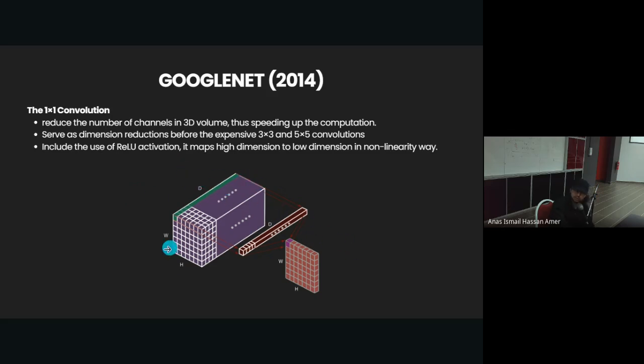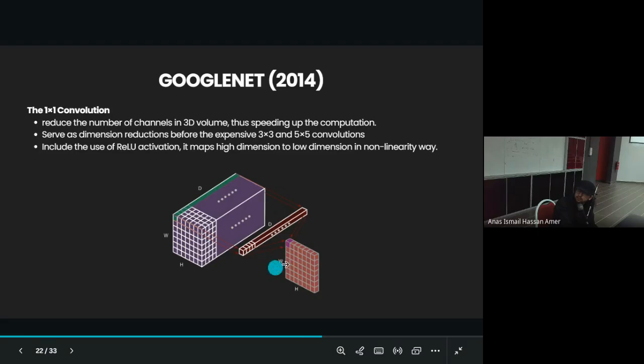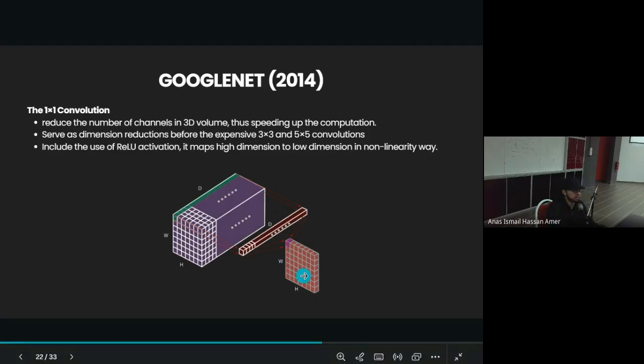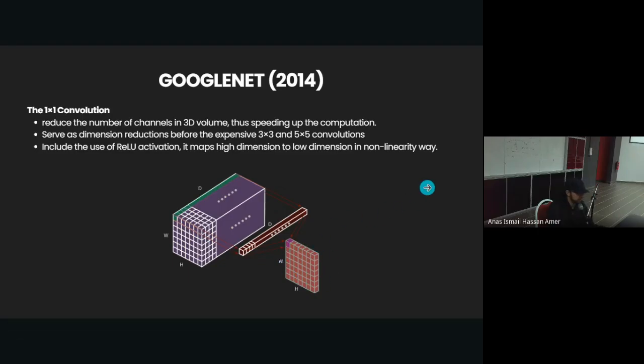You started with this huge 3D object, where the depth is the number of filters it has been through, plus the width and the height, and then you condense all of this into a flat image, kind of, because the depth disappeared. So this is much more efficient than the other convolution.